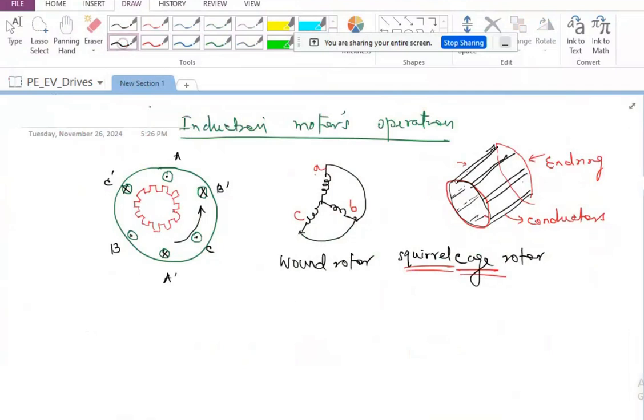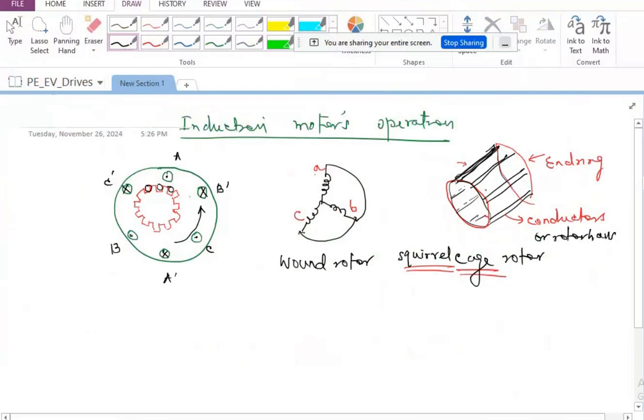Now, I am going to have one rotor bar here, whatever I have shown as rotor conductors or rotor bar, because they are going to be really thick. I'm going to have another one here, and so on. So I'm going to have multiple rotor conductors or rotor bars, and they are going to be short circuited with the help of end rings on both sides, and they are all welded or brazed together.